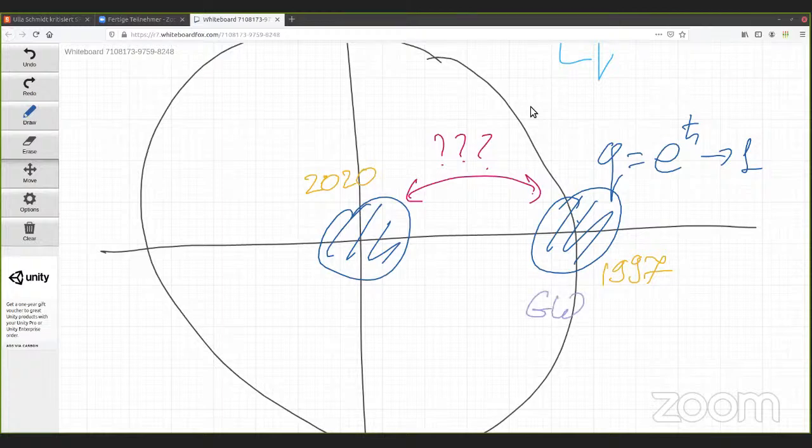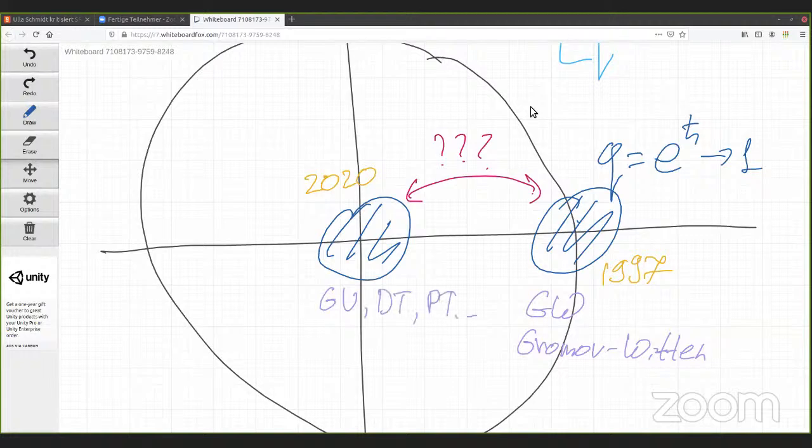So GW stands for Gromov-Witten, not for Gukov-Witten. And in this region, it's GV, also known as Donaldson-Thomas, Pandharipande-Thomas, and there are many variants, but they're all pretty much the same. That's also the same as BPS. So these are Gopakumar-Vafa.